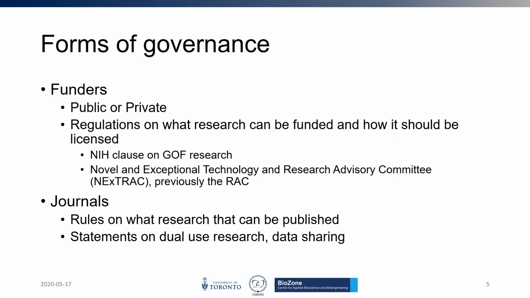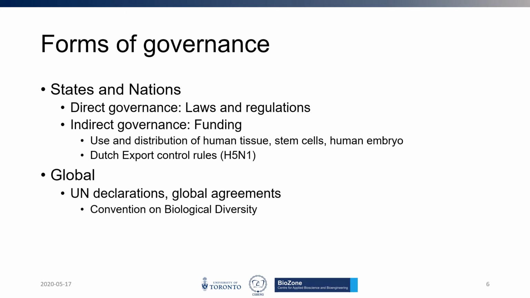So with regards to transparency and how data is being shared with everyone, or whether some information is sensitive or potentially dangerous, how they're going about taking that out of widely available published information in papers. So you also have regulation or governance at the level of states and nations.